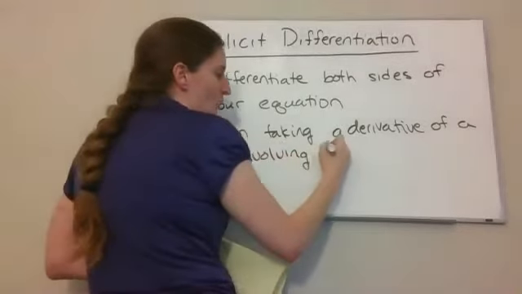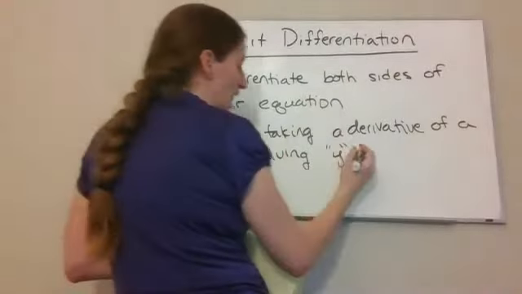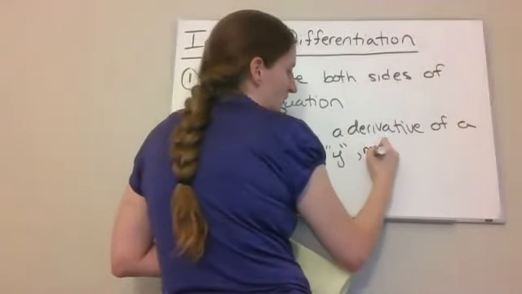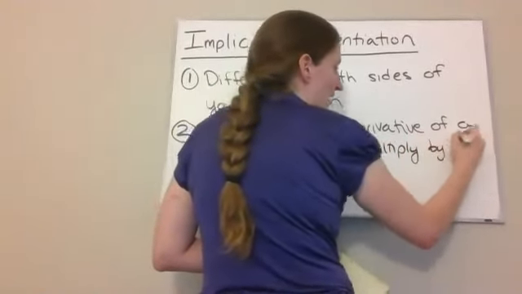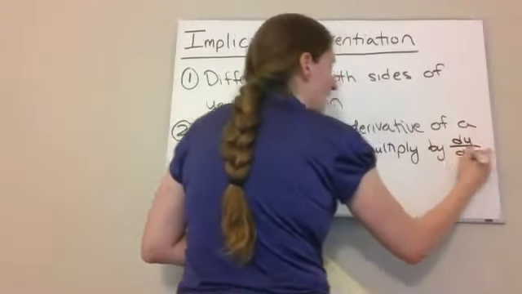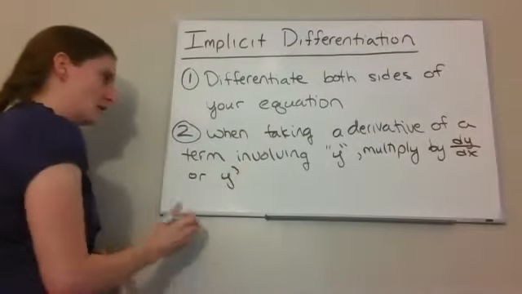This is the weird part of implicit differentiation when students are learning it. You can multiply by dy dx or y prime, depending on which notation you're using.